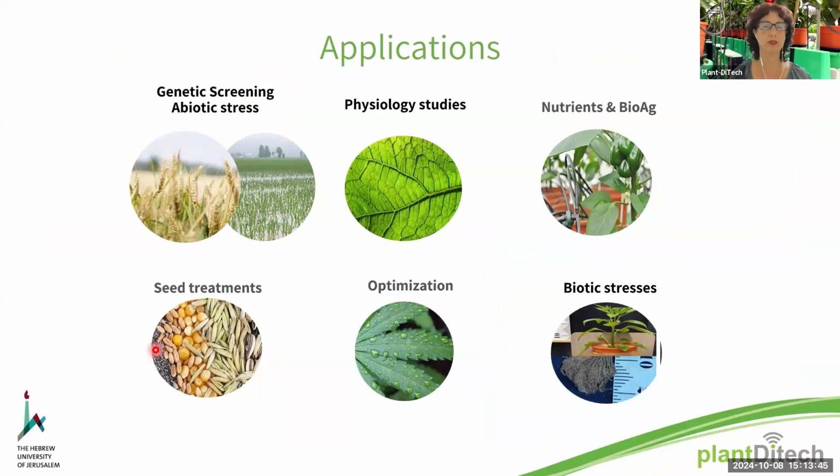Also, we can control flood, salinity, and so forth. Physiological studies of different kinds, nutrients and biomass screening, seed treatments and how they affect the whole plant, optimization of agronomical treatments, and biotic stresses.